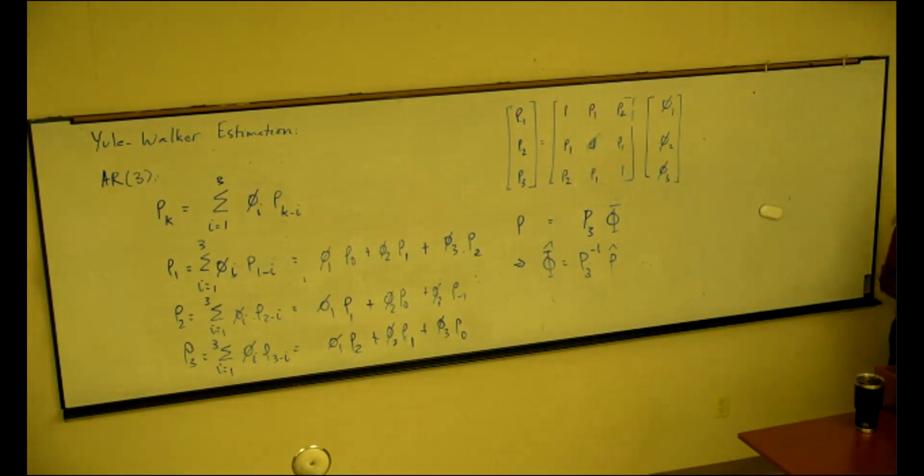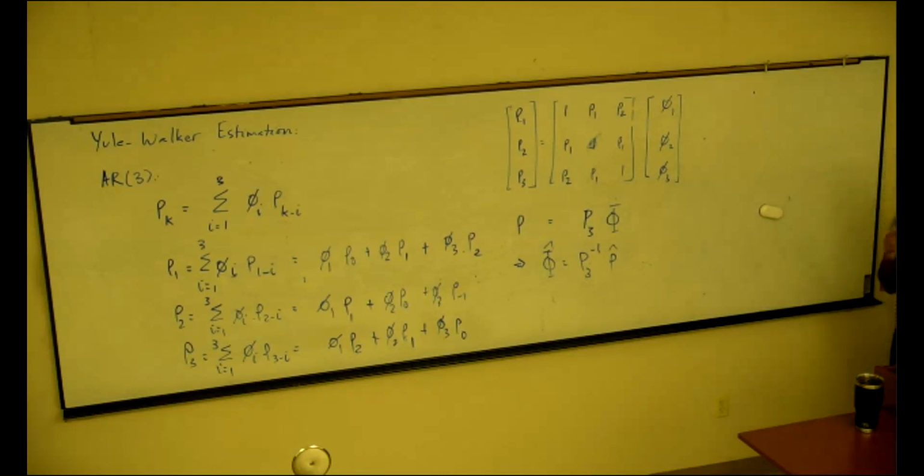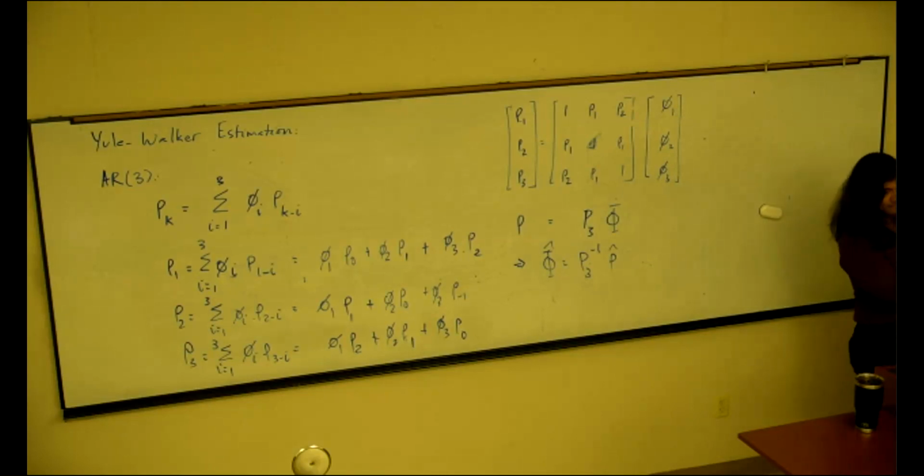As I mentioned a while ago, I would be surprised if someone would fit an AR27 or more. It's silly. Why would you predict something going all the way back to 27 days?